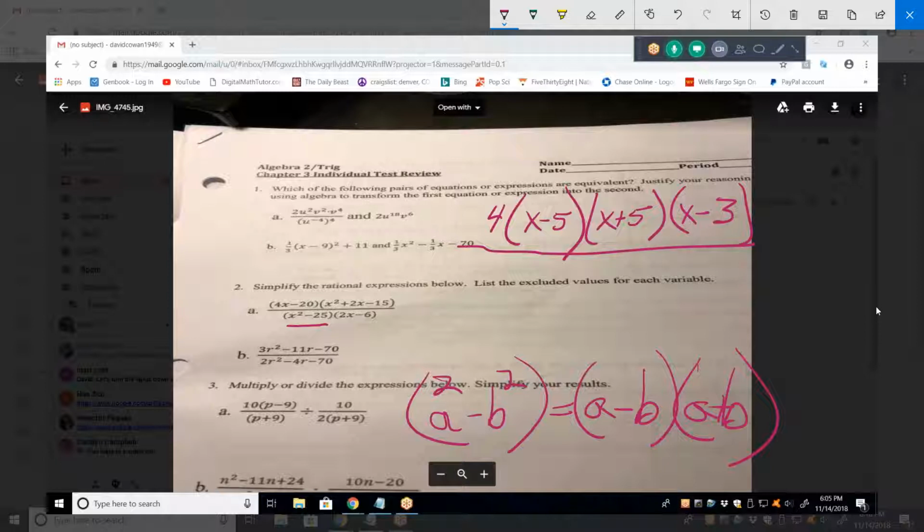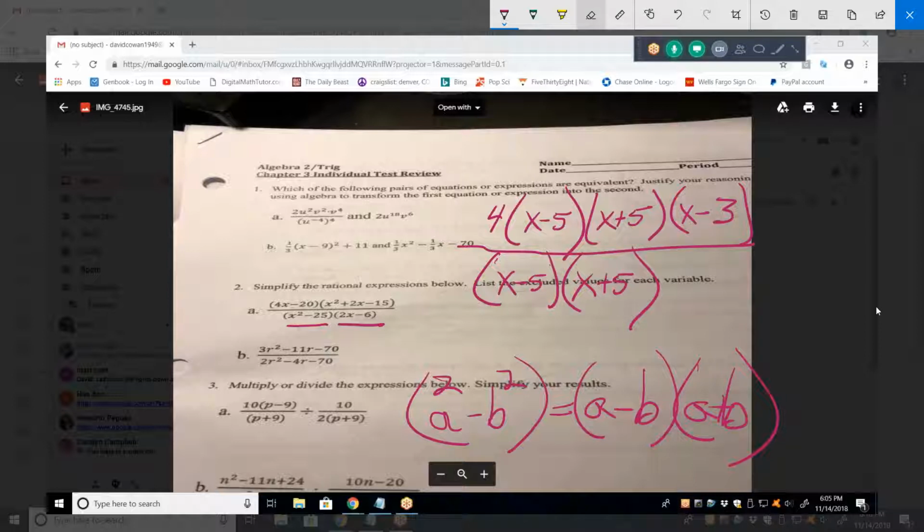Instead of saying a squared minus b squared, this says x squared minus 25. So the a must be the x, and the b squared must be 25, so b would be 5. So it factors into x minus 5 times x plus 5. Now the only thing left is that one.